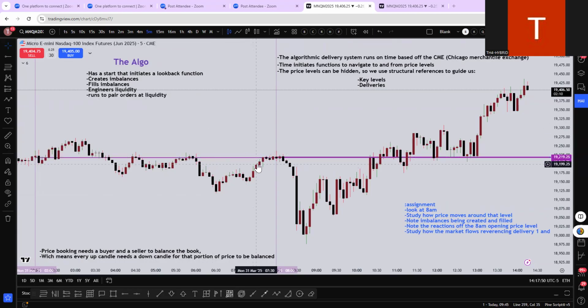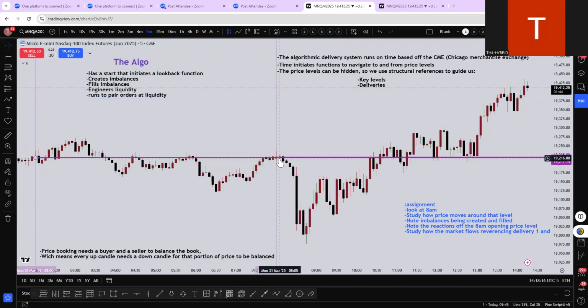It's very, very important because people can get lost in the candlesticks as they move, and we don't want to do that. If you don't know where it's going or you don't have key levels marked out or an idea of what may happen through the day, then you're just buying and selling and it's more of gambling. So that is the first key function of the algorithm.